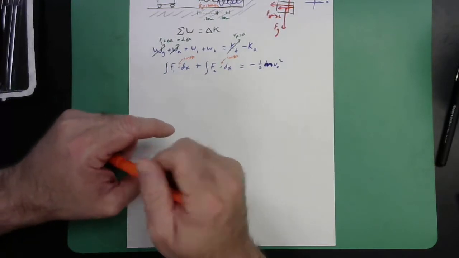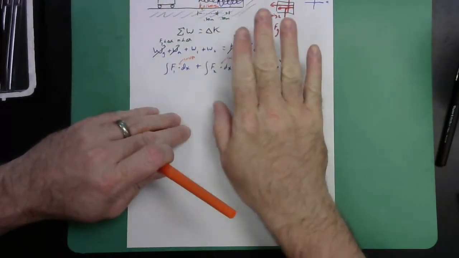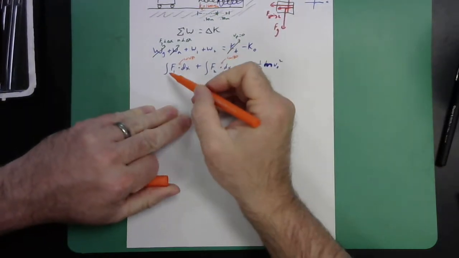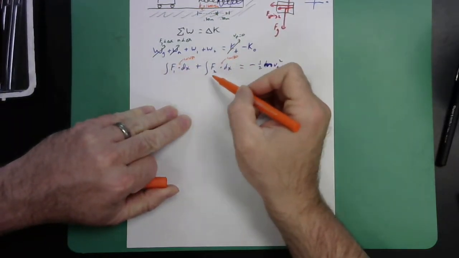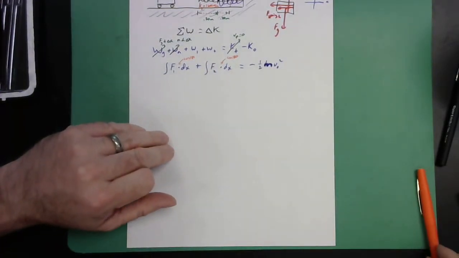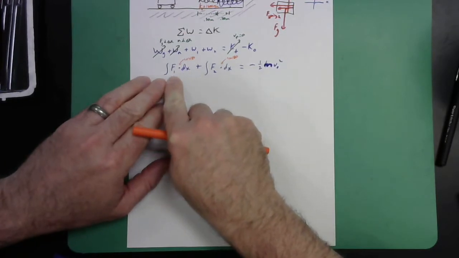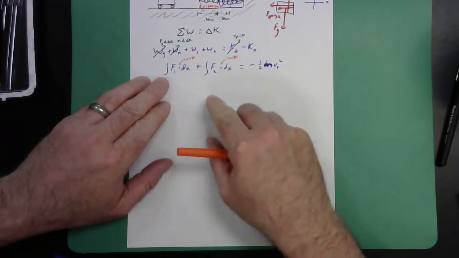There is something really important, and this is the tricky part of this problem, and that is the bounds for my integral. Let me address that. We are looking at this as we change position from x equals what to x equals what.